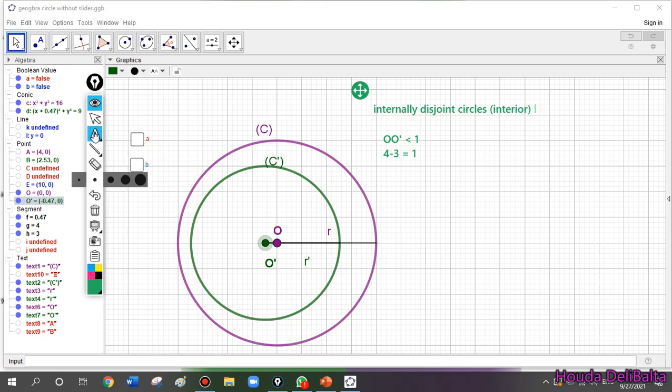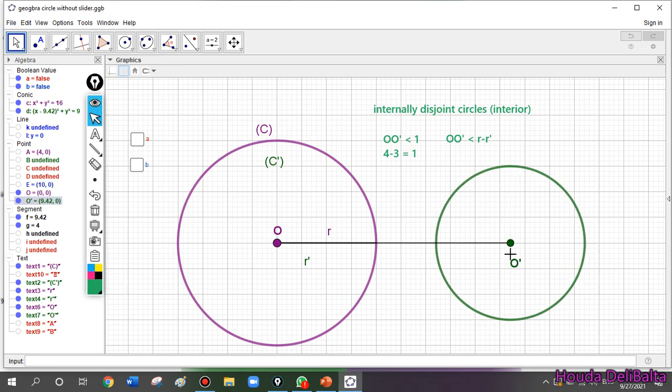The distance between the centers O O prime is less than the difference between the radii. Surely we put the larger radius minus the smaller one, while in case we have externally disjoint circles, we notice that the distance between the centers is greater than the sum of the radii.